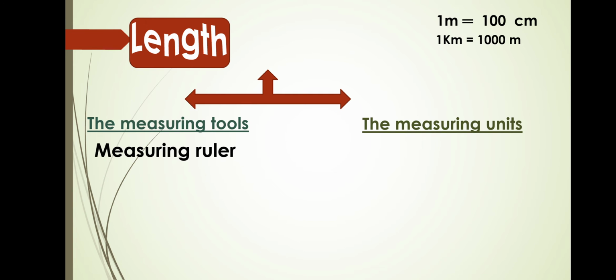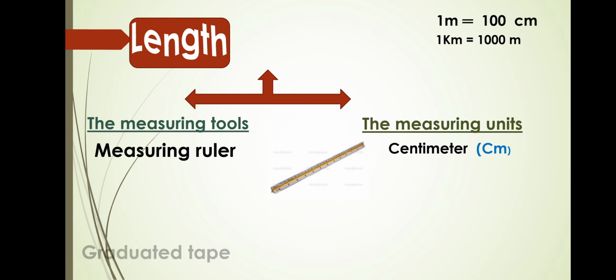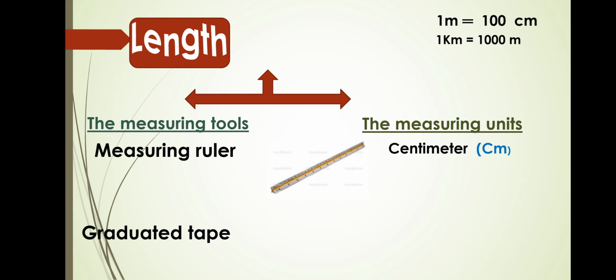Measuring ruler. Excellent. This is a measuring ruler, the ruler that we use in school, and the measuring unit will be centimeter. Or graduated tape. This is a graduated tape, and by the way, this green one is called a meter.